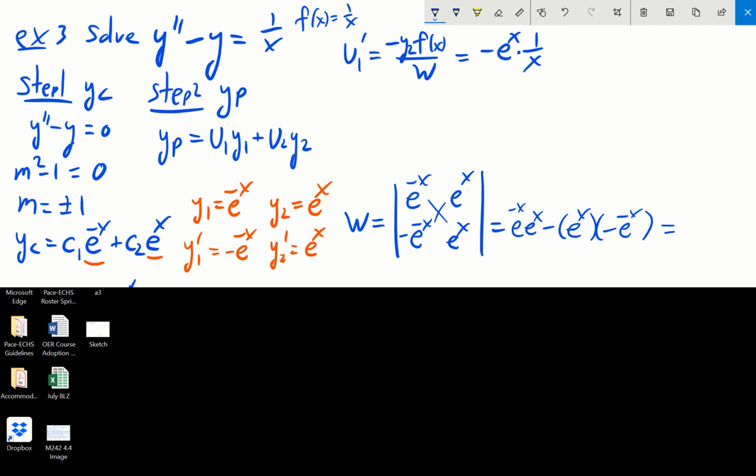So we get the following. This will be 1, minus a minus will become a plus 1, because e to the negative x times e to the x is e to the 0, which is 1, and so we get our Wronskian to be 2.